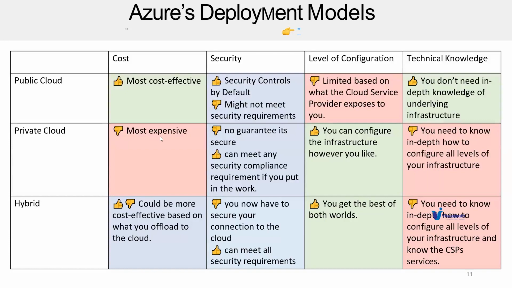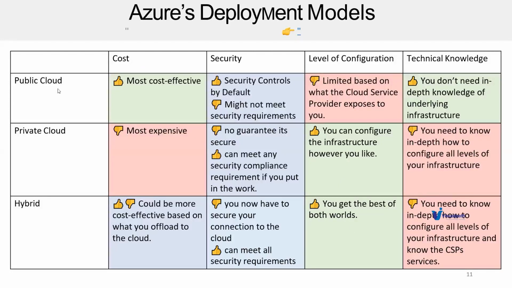Private cloud is the most expensive. The only advantage you have is that you can configure the infrastructure however you like. But when you go for hybrid, you get the best of both worlds, but it could be more cost effective based on what you offer to the cloud. So there are some advantages and disadvantages, but you see here, the level of configuration is good with private cloud.